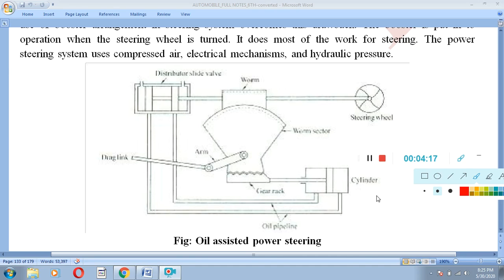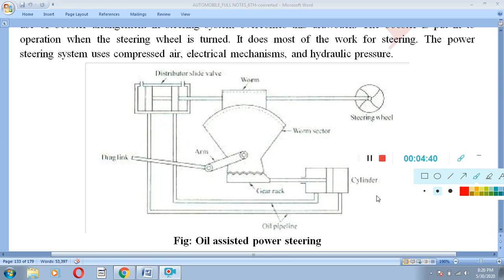The use of a booster arrangement in the steering system overcomes the drawback. The booster is put into operation when the steering wheel is turned. It does most of the work of steering. The power steering system uses compressed air, electrical mechanisms, and hydraulic pressure.